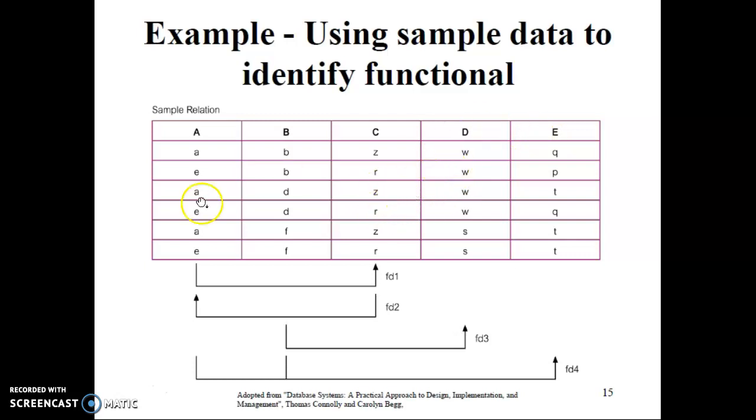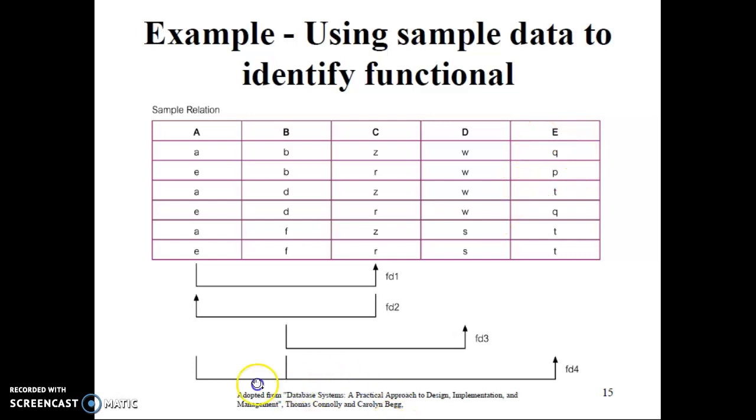Let us consider the combination of values in columns A and B. For example, A comma B is associated with a single value in column E. In this example, it is Q. So the attributes A comma B functionally determine attribute E, and this is shown as FD4.